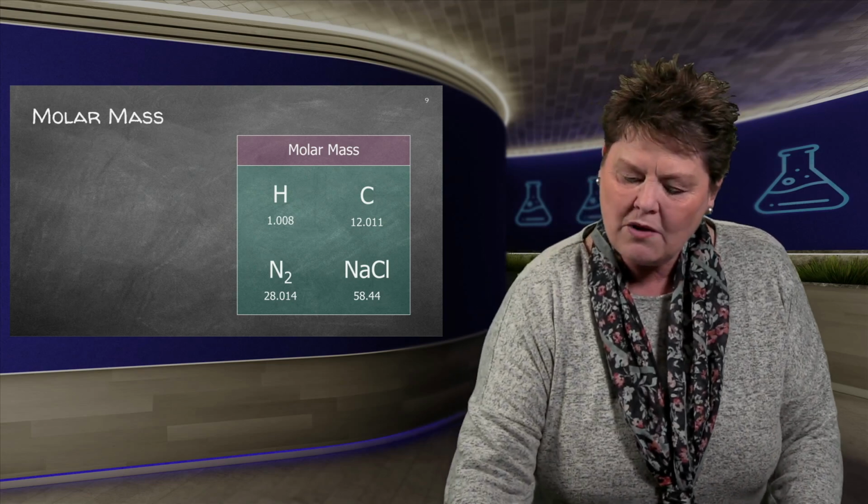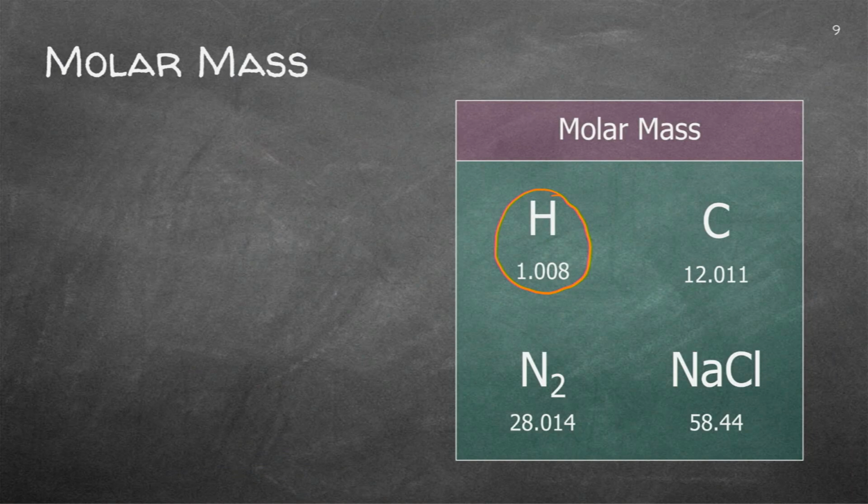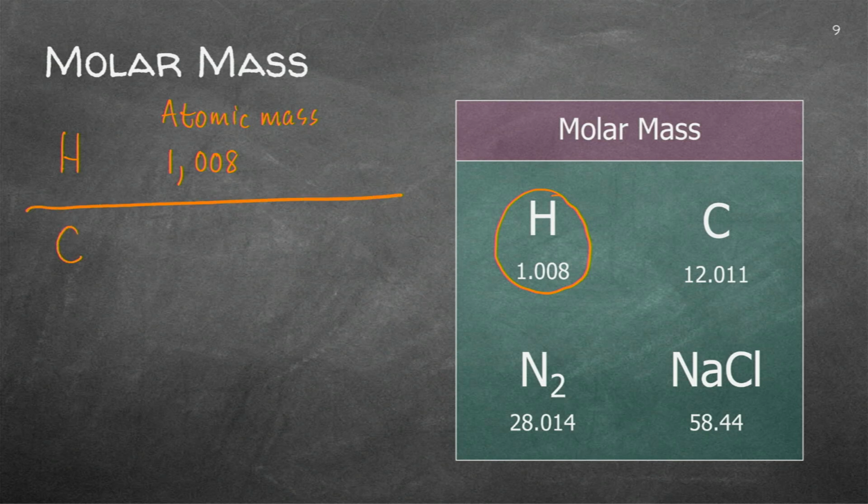Now, let's have a look at the easiest atom. The one right at the start is hydrogen. And hydrogen has that atomic mass of 1.008. This is the one I have in front of me. Again, carbon 12.011.